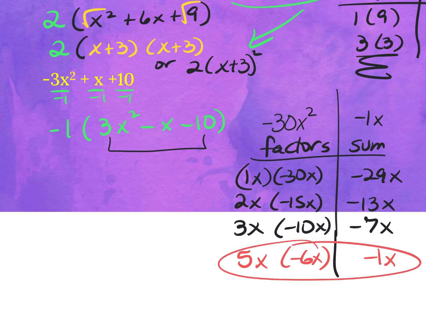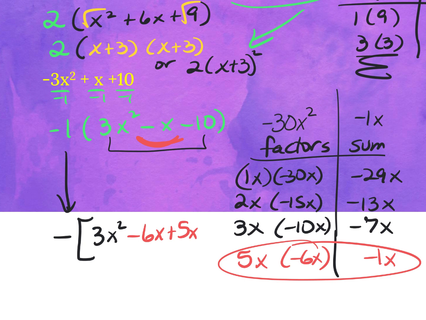So I'm going to replace this middle term, that negative x, with those two factors. So we're going to rewrite, and again, Big Ideas wants it just as a negative sign. I'm going to rewrite the first term. I'm replacing that negative x with the two factors I just found. Doesn't matter the order you put them in.